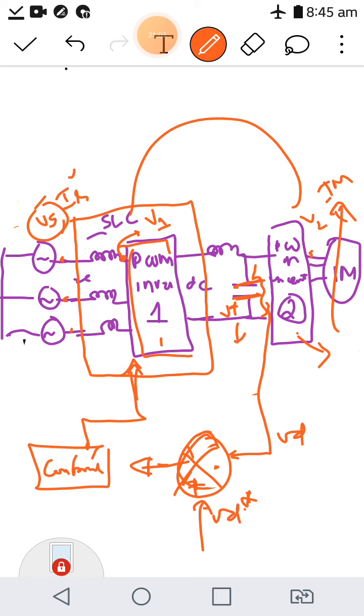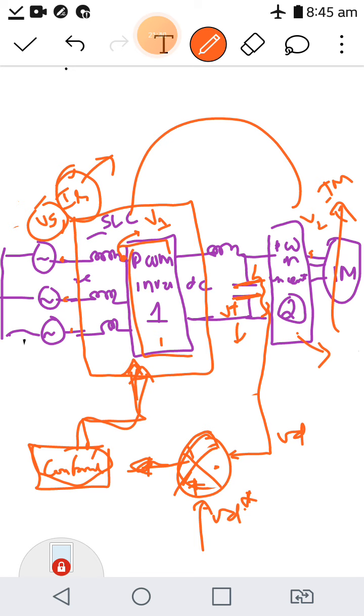This error voltage is given to the controller. The controller controls the PWM inverter in such a way that it takes more stator current from the supply, and the power supplied to the DC link increases again. So the power balance equation is maintained by this closed loop method. Whenever the capacitor voltage falls, it is compared with the reference value, PWM inverter 1 controls in such a way that it takes more Is, and again the power becomes equal. So this is the basic principle of SLC.